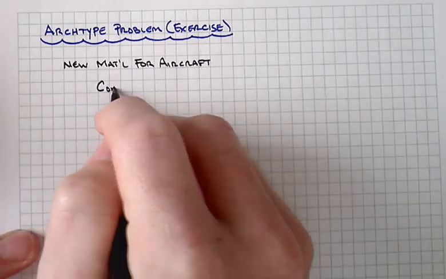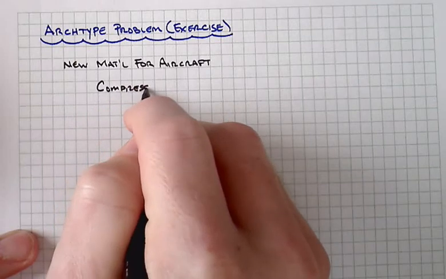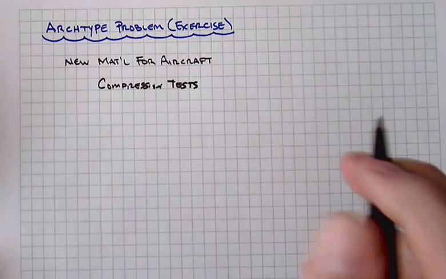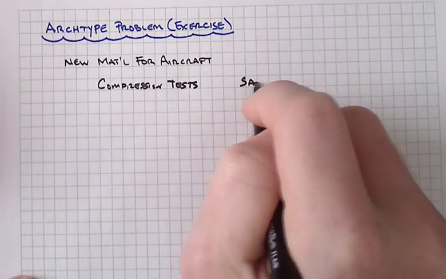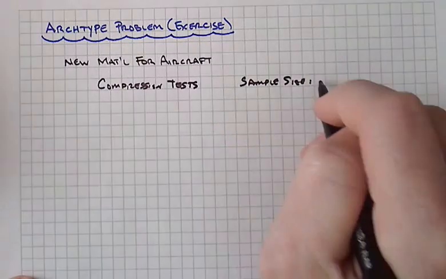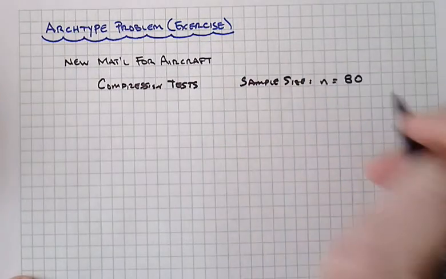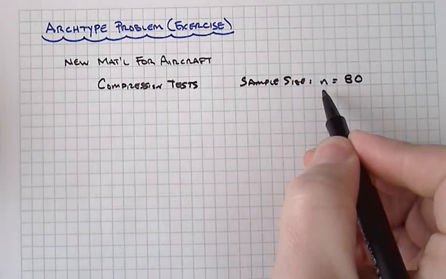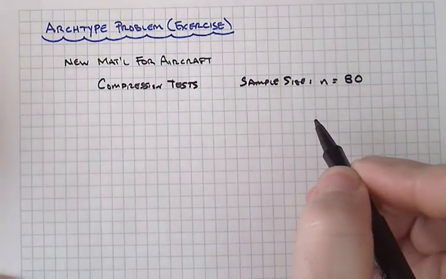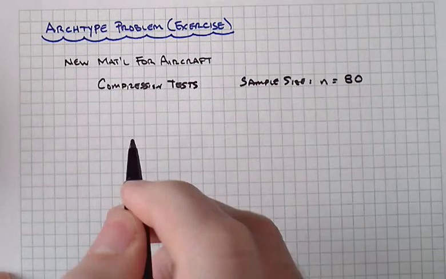So we've got these compression tests, our sample size, or the number of tests that we've conducted, is 80. And of course we typically use the symbol lowercase n to indicate the size of that test.